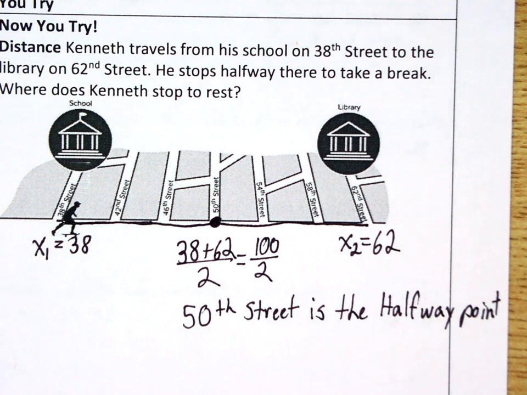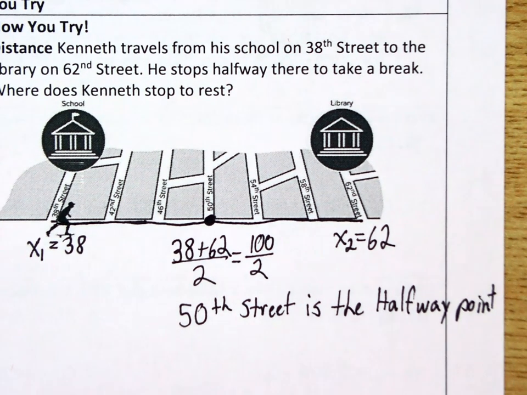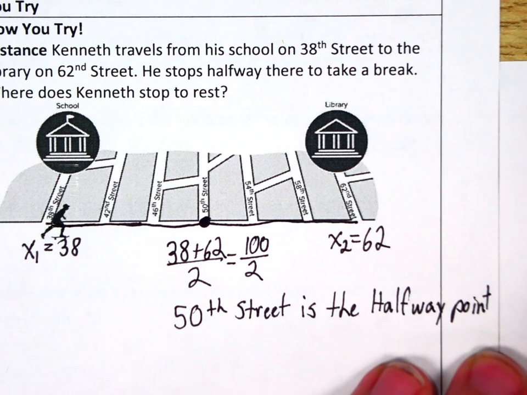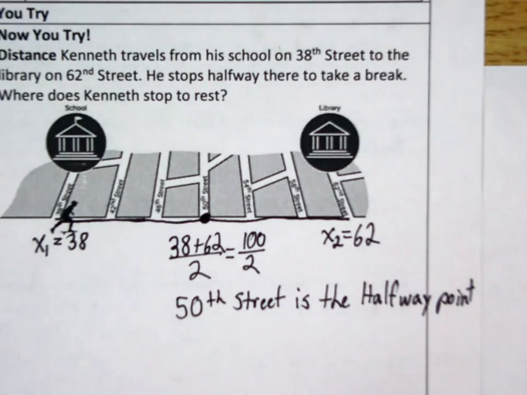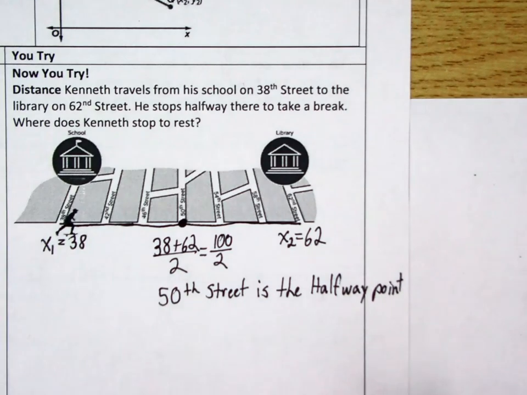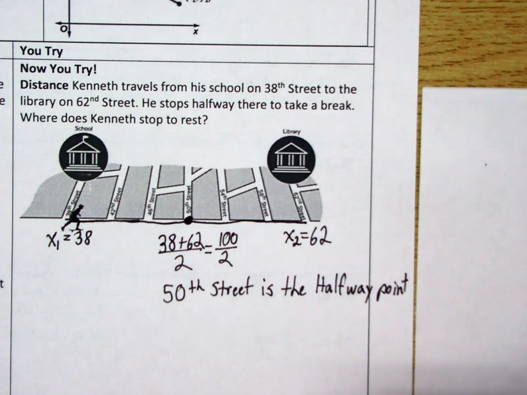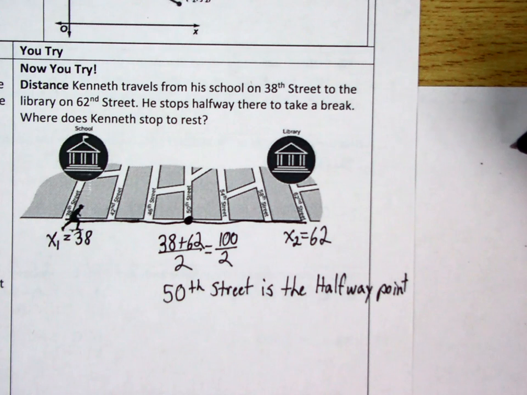Now, I did sort of extend this idea in class with you guys. You didn't necessarily write it on the page, but I did extend the idea a little bit with you guys here. I posed another hypothetical idea, and I'm going to zoom out so we can add on to another sheet of paper. I said, let's also imagine maybe Kenneth is part of the swim team, but the school doesn't have a pool, so he has to go to a YMCA.